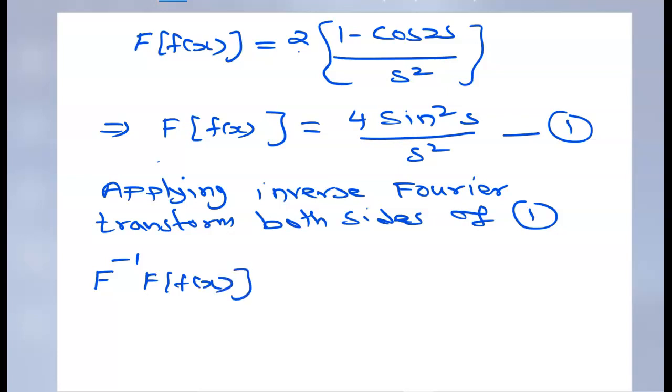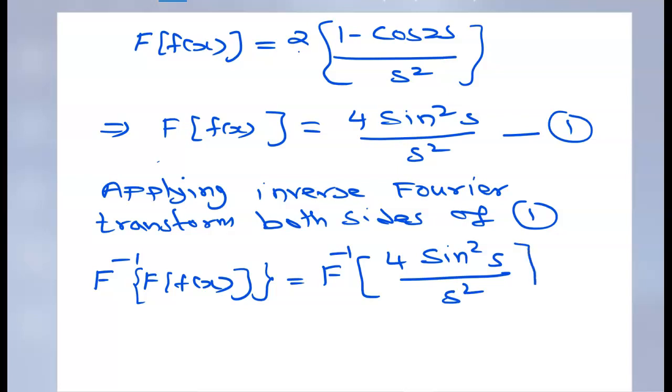Try to understand, I am just putting F inverse. This side also I need to put F inverse of 4 sine squared s divided by s squared. Am I clear? From that step to this step, I have just applied the inverse Fourier transform.